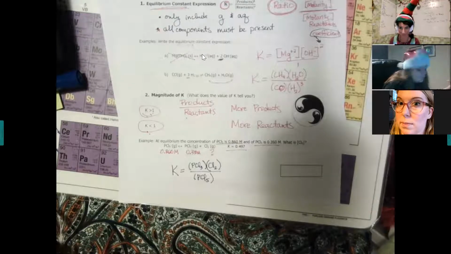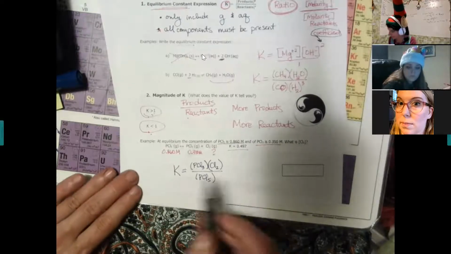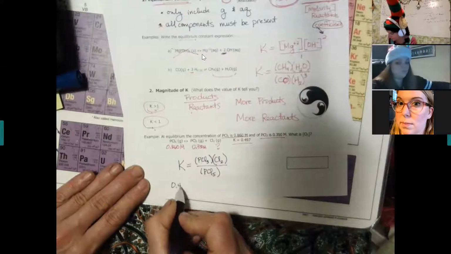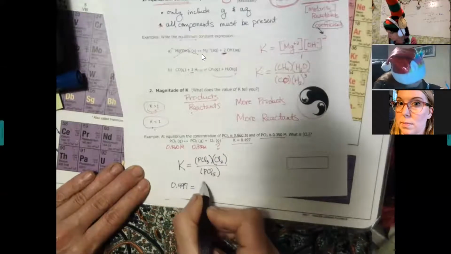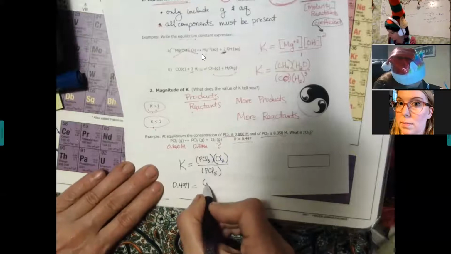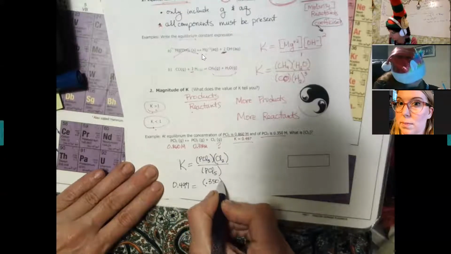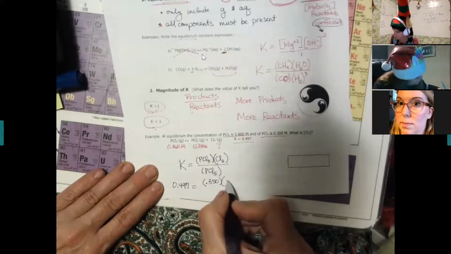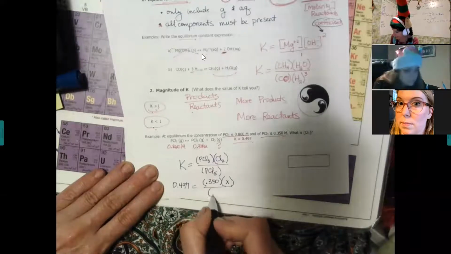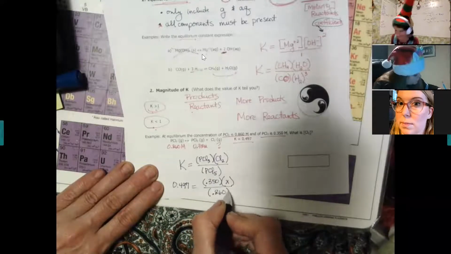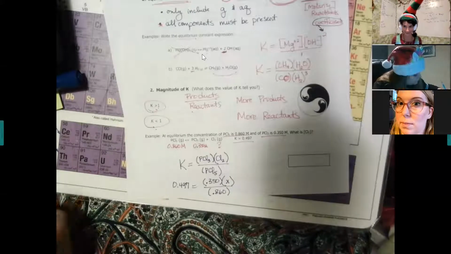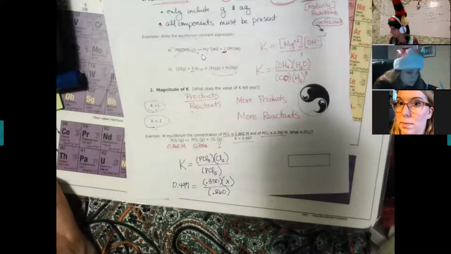All right, now you're going to plug in. We know our K, 0.497 equals, we know the PCl3 is 0.350. Chlorine's my unknown. I'm just going to call it X. And this is 0.860. This is just like the Ka problems, because those were Ks.